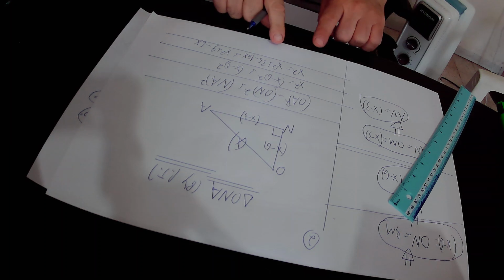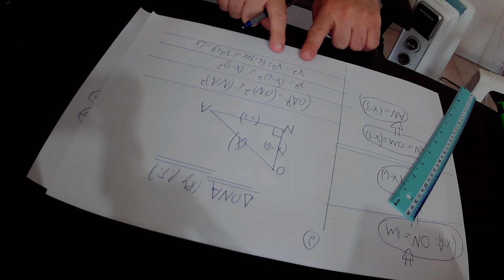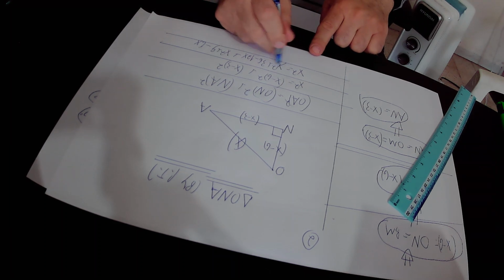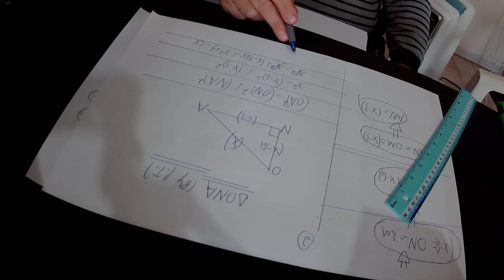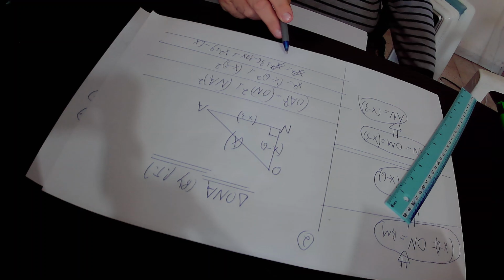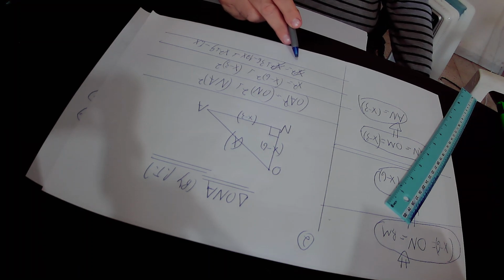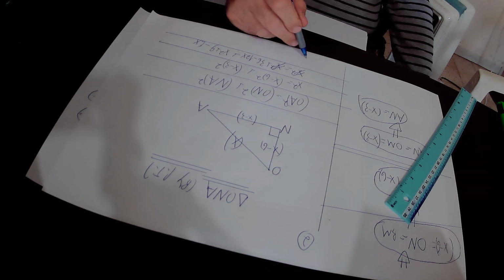So here we have x squared on both sides of the equation, so x squared will get cancelled. On this side of the equation we are left with nothing, so it is 0.